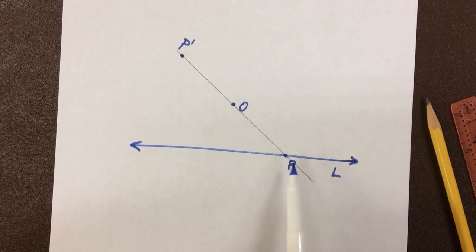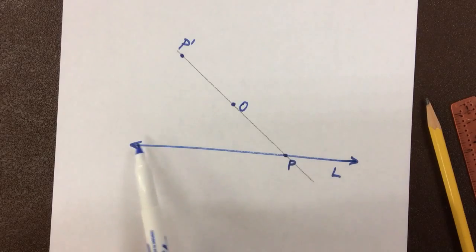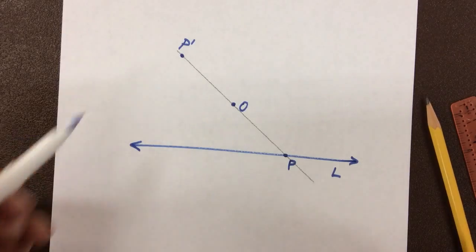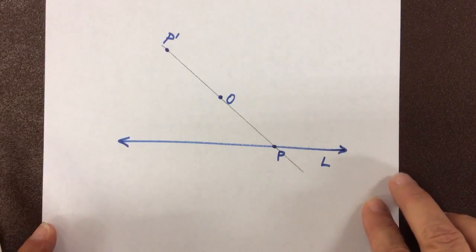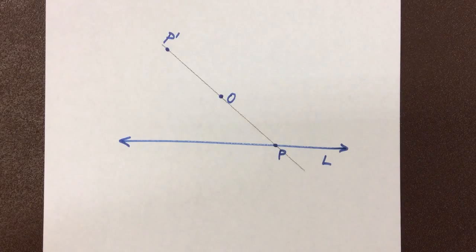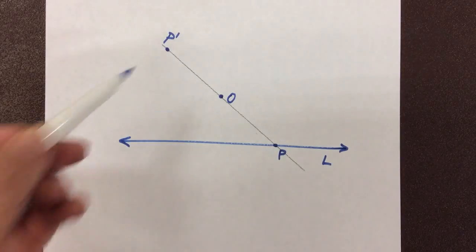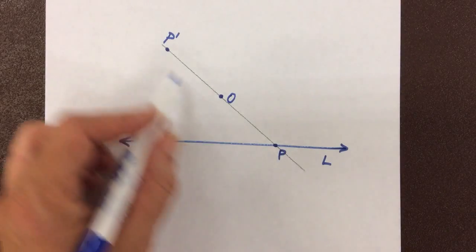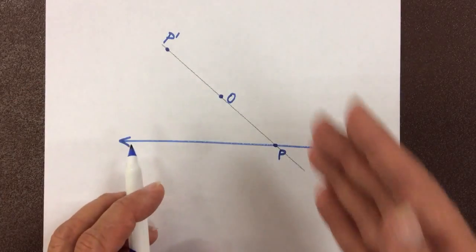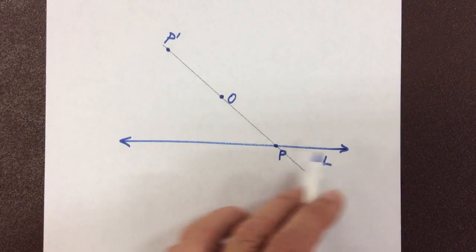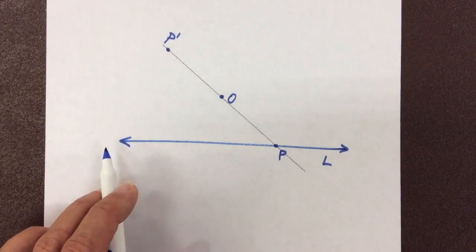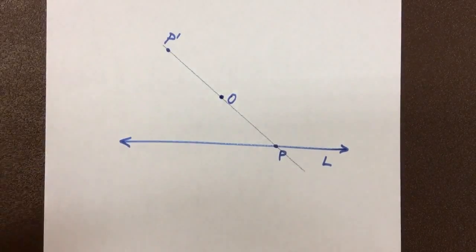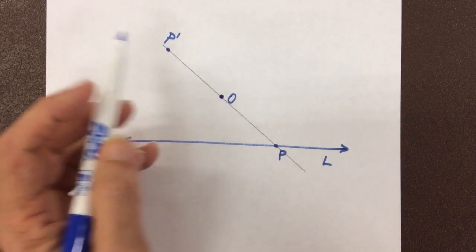And P is a point on L. So the only way for P prime to be on L is if O is also on L, because these have to be on the same line. The only way for that to happen is for this line to line up exactly with L. But we started by saying that this point O is not on line L. So if O is not on line L, then neither is P prime.